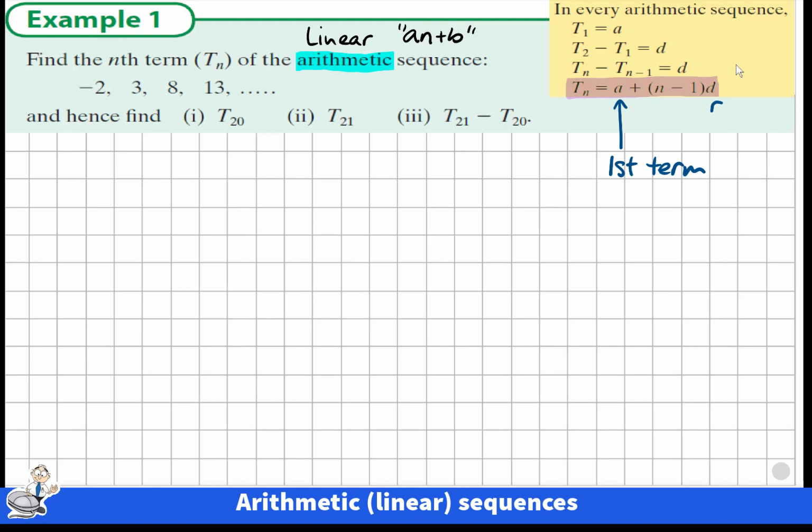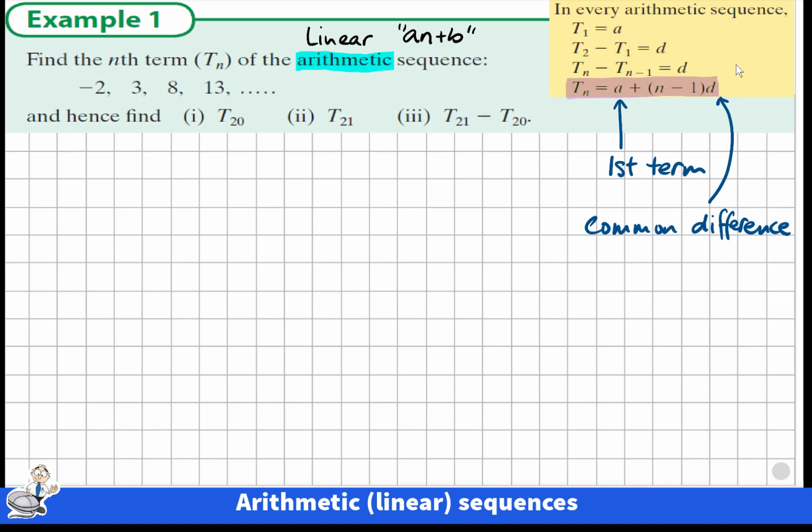Maybe write this a bit closer where you can see it. So D stands for the common difference. So we could write a general expression for the term in terms of the first term and how many common differences have been added on. That's what that formula is.